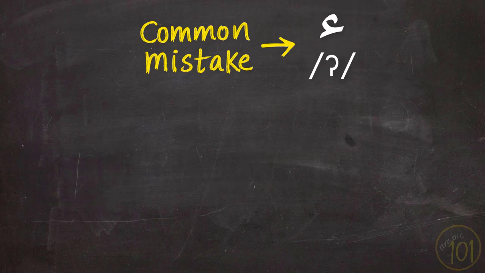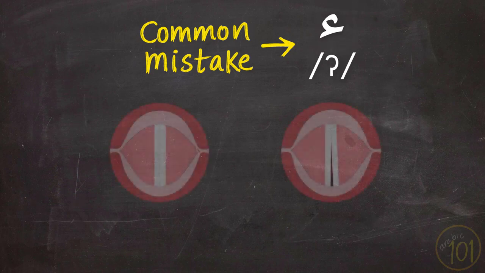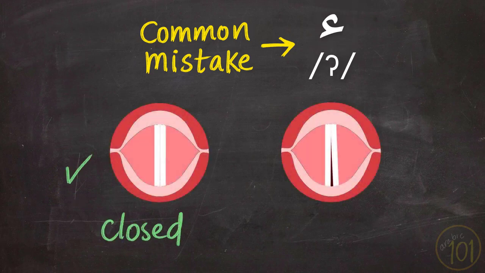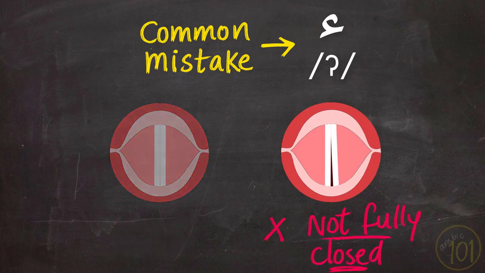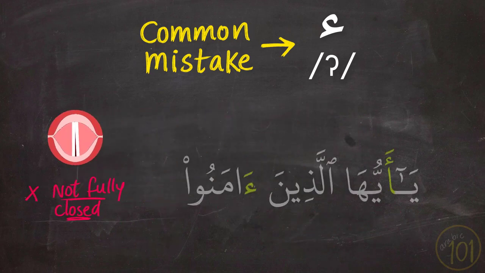The first common mistake occurs when the vocal cords are not fully closed, which then makes the hamza almost not audible at all, especially when it is in the middle of the word. Like when we say, يا أيها الذين آمنوا.